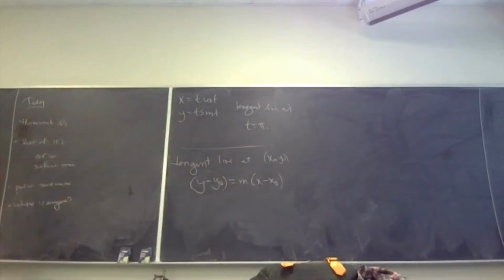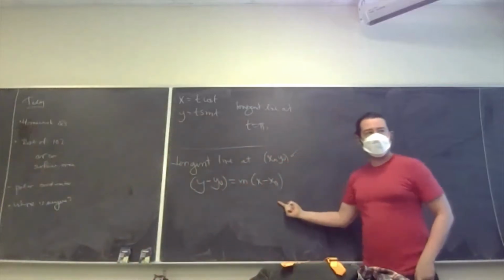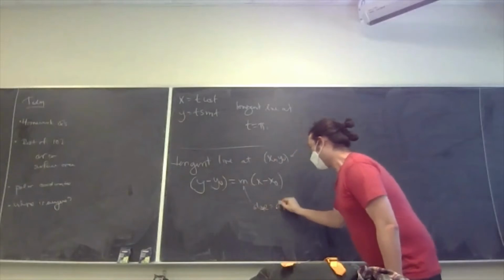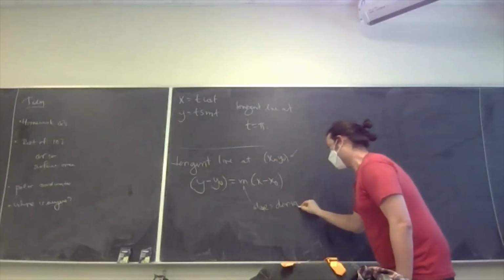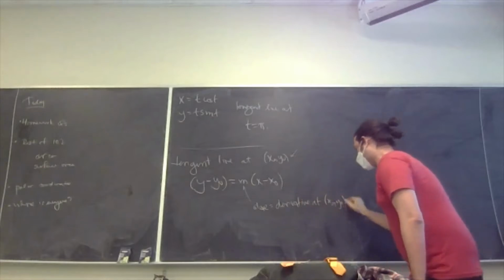That's easy to do. And then what do the different pieces represent here? The x naught, y naught is the point that the tangent line is located at. And the m, the slope here, is given by the derivative at x naught and y naught.